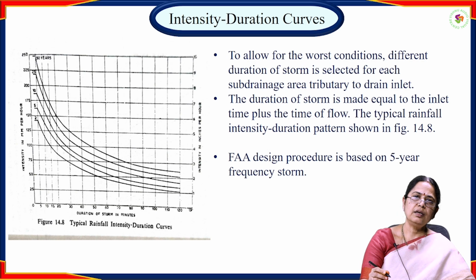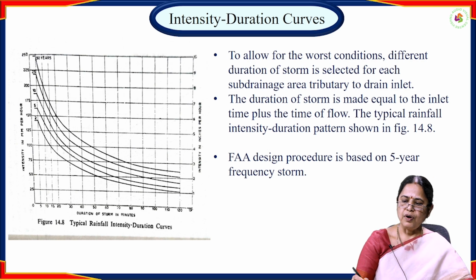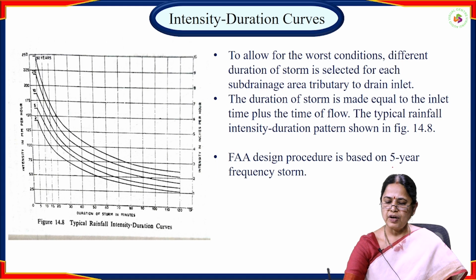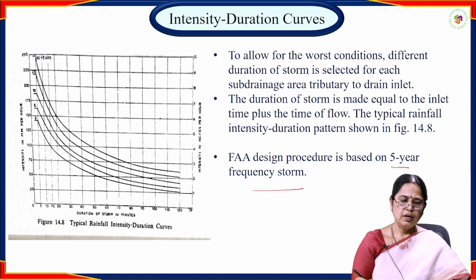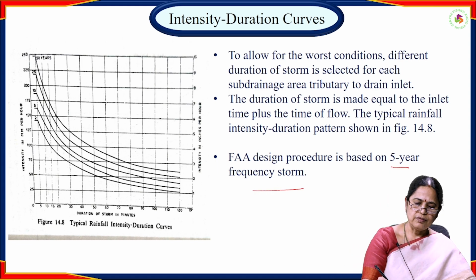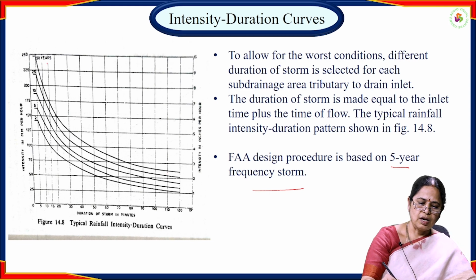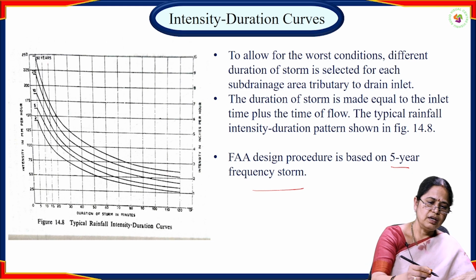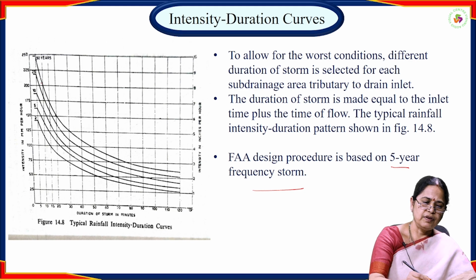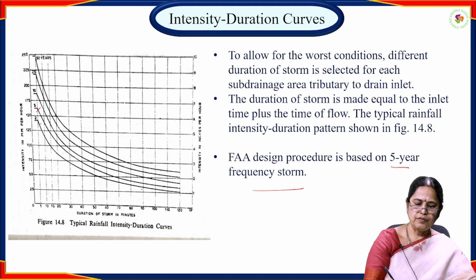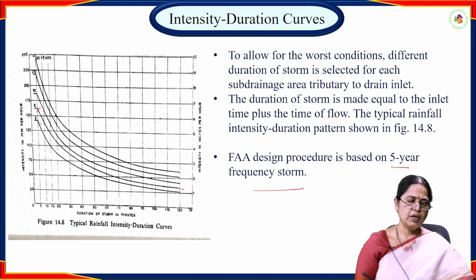This is the intensity duration curves. The FAA design procedure is based on a 5-year frequency storm. In this graph, we can see there are many frequency curves: 50-year frequency, 25 years, 10 years, 5 years, 2 years frequency. In this FAA design procedure, consider the 5 years frequency storm.